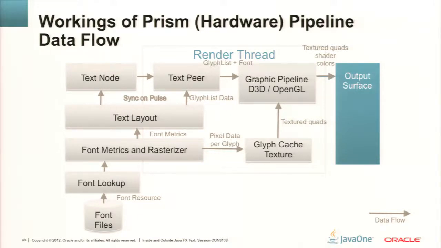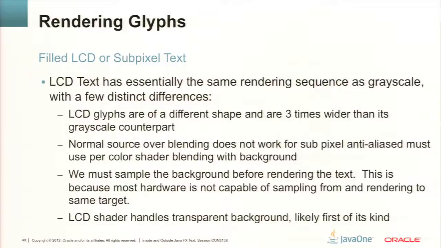If the pixel data doesn't exist already, then we have to do a little extra work. We have to look in the font, rasterize it, and so on. But once that work is done, we never have to rasterize again for a given glyph while the texture is valid, which is typically the case. And that all gets outputted and composited through a surface.